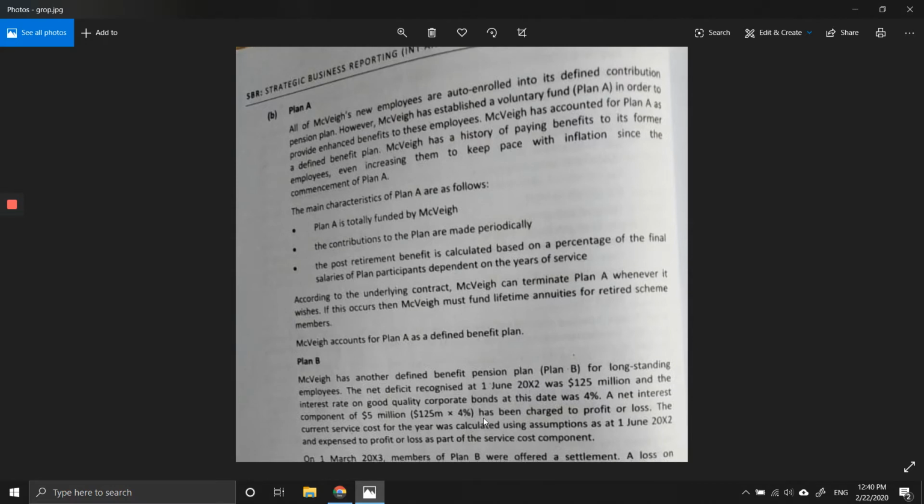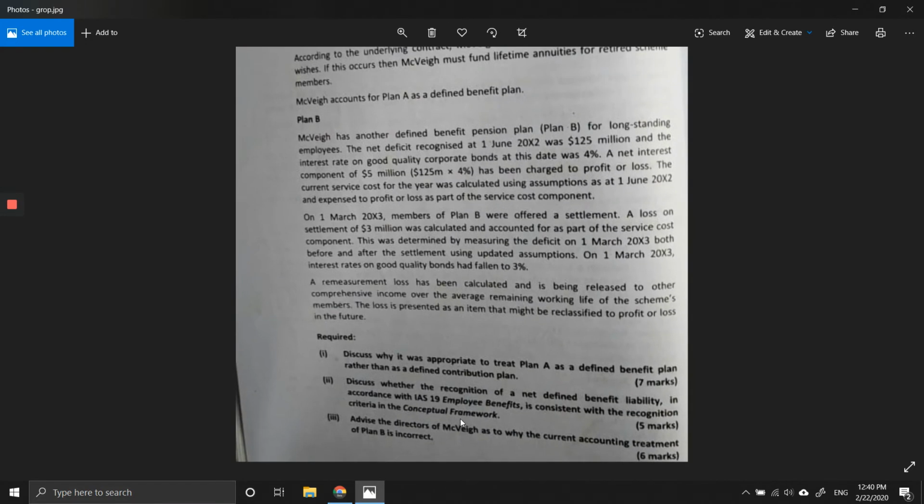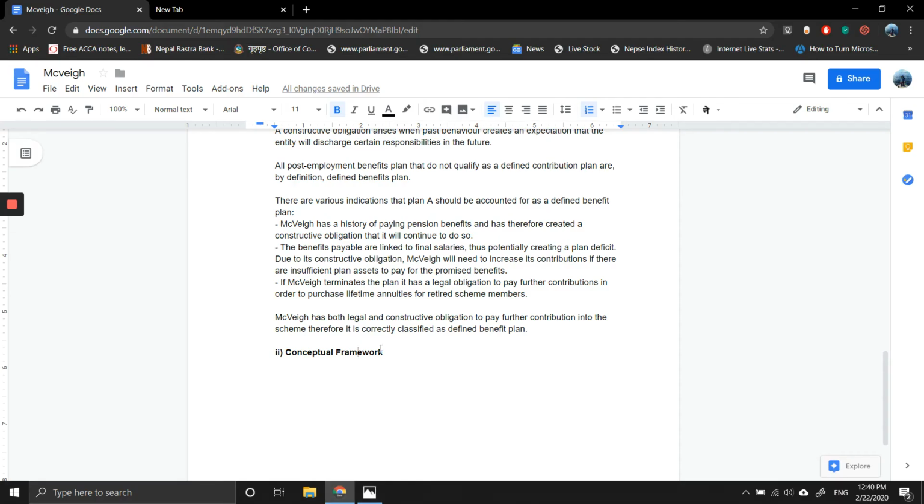Okay. So second thing is how is it consistent with IAS 19, how is it consistent with recognition of this thing, right? So it talks about obligation. So even if it's an obligation, it should recognize it. That's what it talks about. So it's consistent on that regard. So we will use that as a point as well.